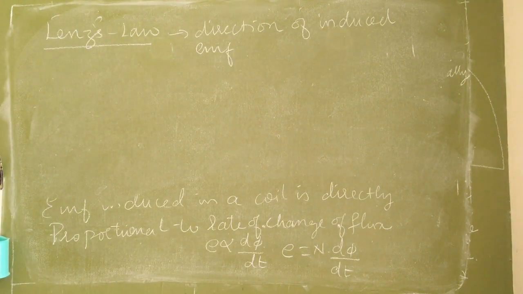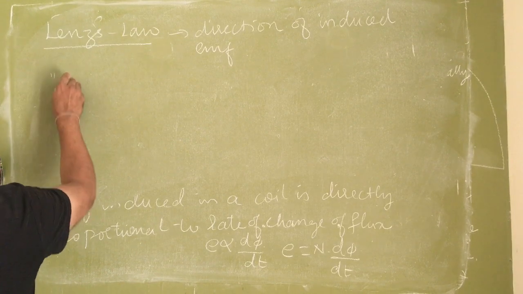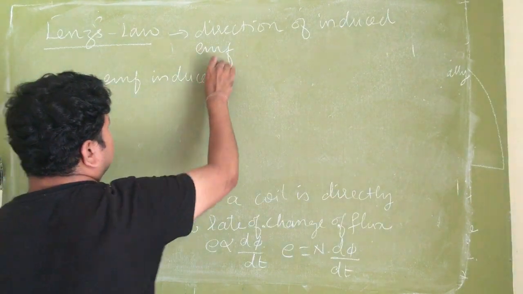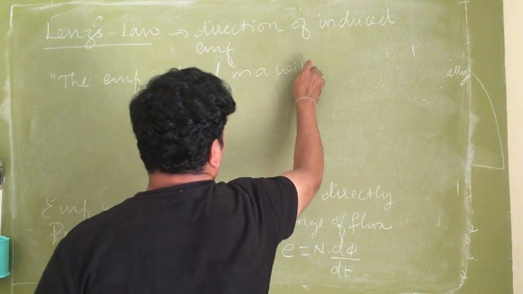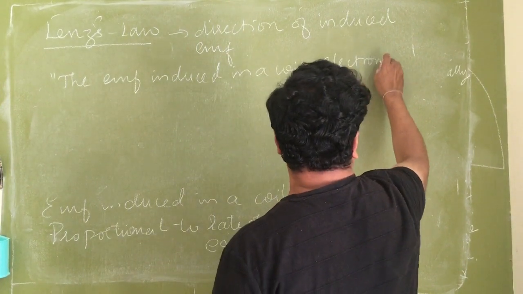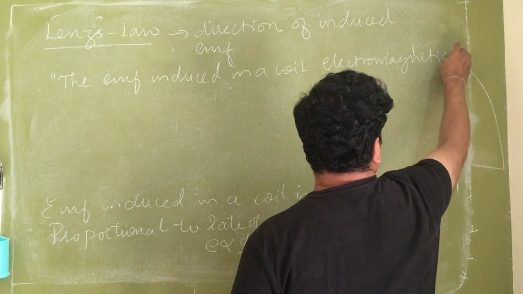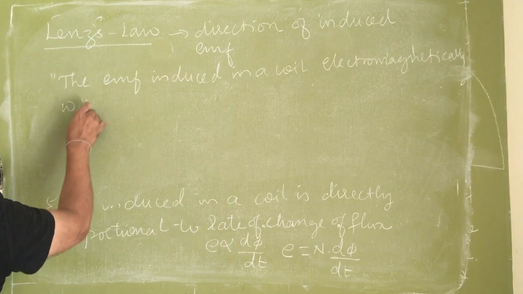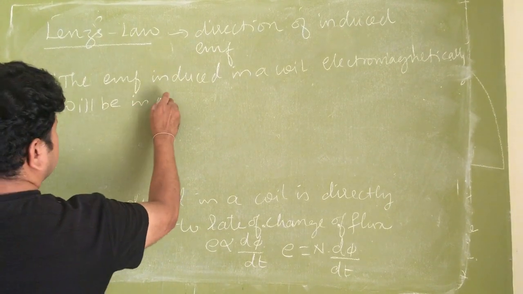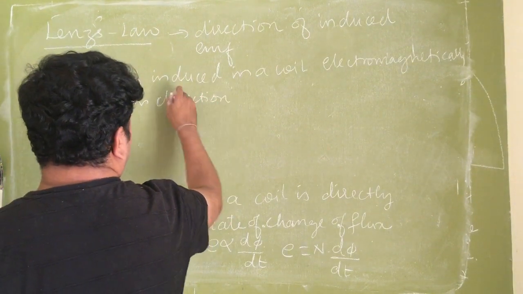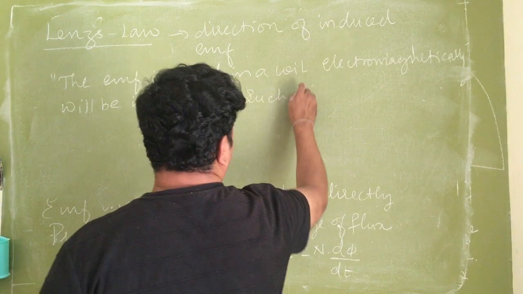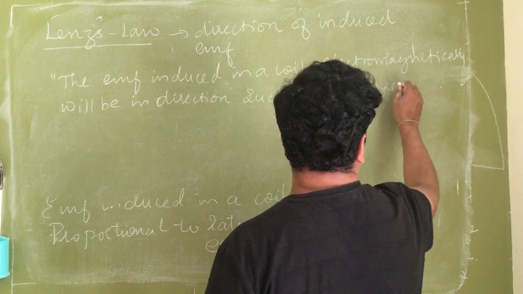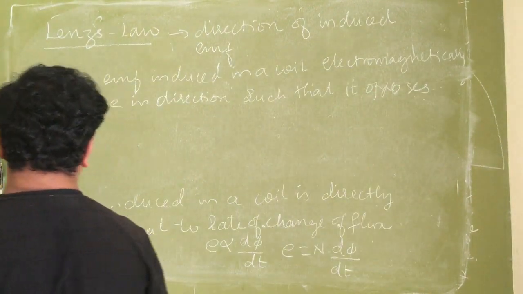Now, what is the statement of Lenz's law? The EMF induced in a coil electromagnetically will be in a direction such that it opposes its own cause.